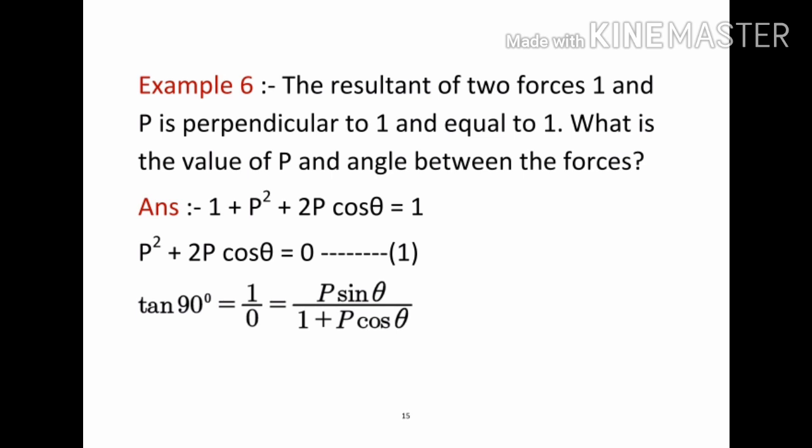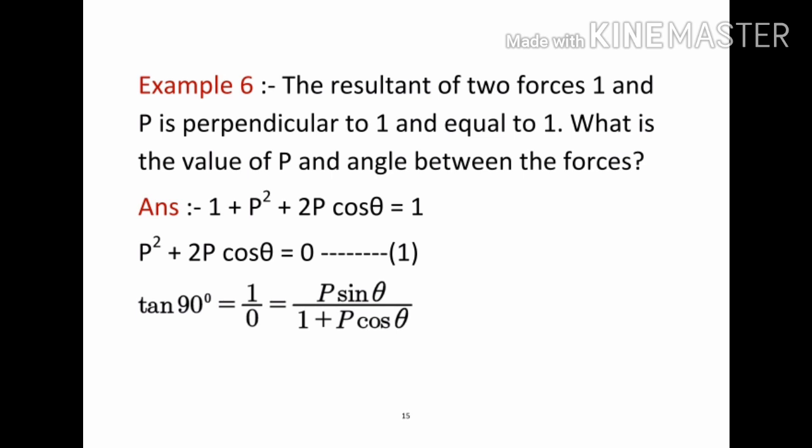And next one, the resultant is perpendicular to 1. Due to that reason, we are using the direction formula, that is tan beta is equal to b sin theta by a plus b cos theta.